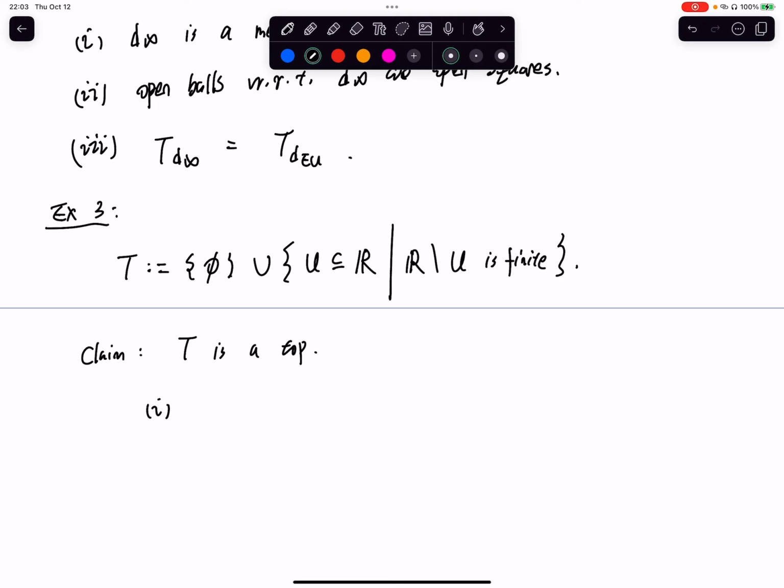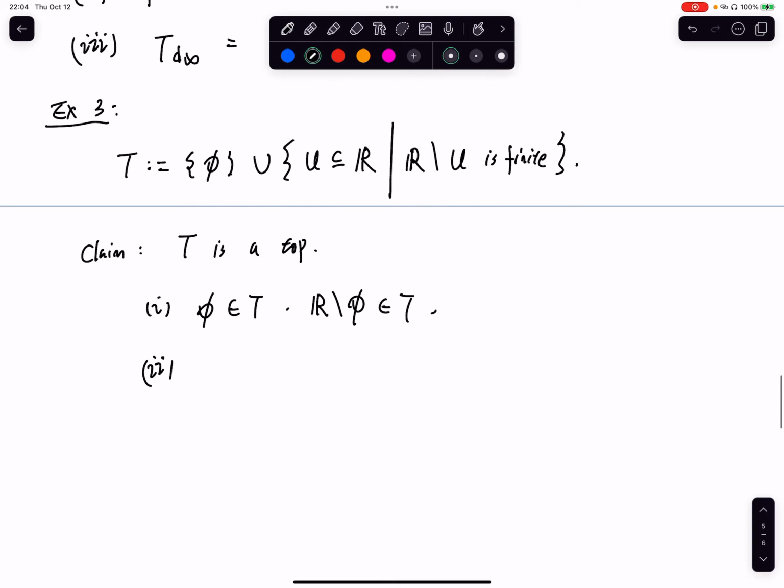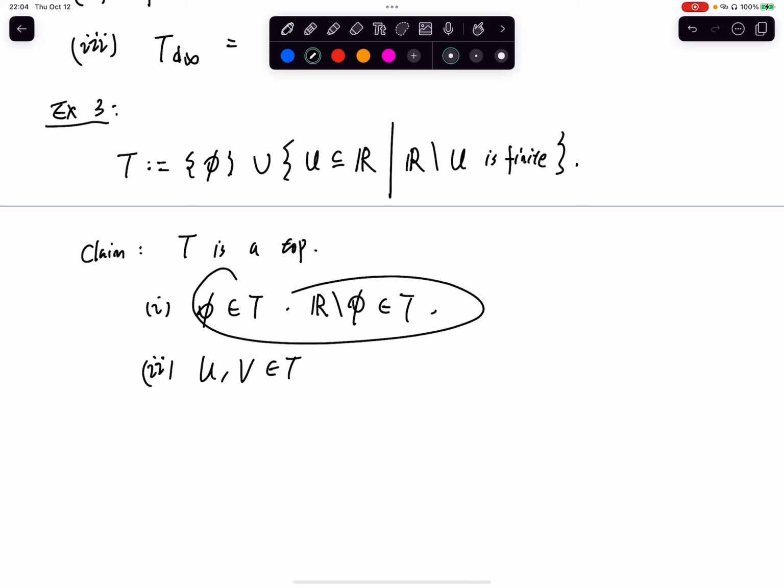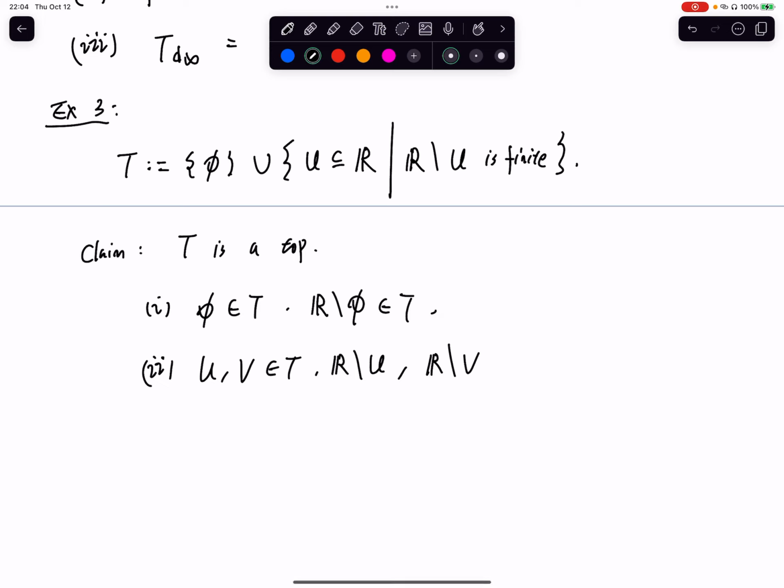Since the empty set lives in T by definition, and R, whose complement is empty and thus finite, by this definition is also in T, the whole space is also in T. And second of all, for U and V in T open, without loss of generality, we may assume that they are both non-empty. Otherwise, we can use the first property to derive the result. So they are non-empty and R minus U, R minus V by definition are finite.